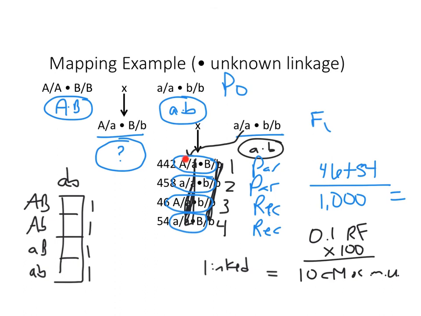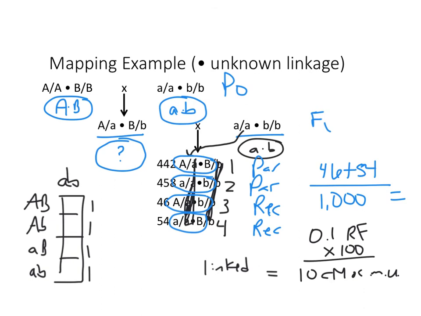Look up here, or look at your tablet screen. Does that look like a 1-to-1 to 1-to-1 ratio? No way. Which ones are more prevalent? Parental types or recombinant types?